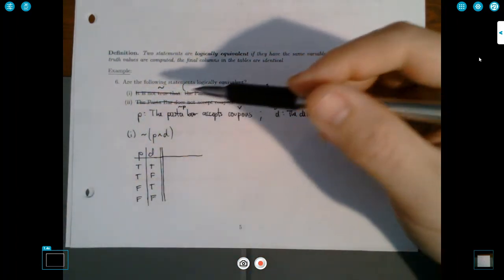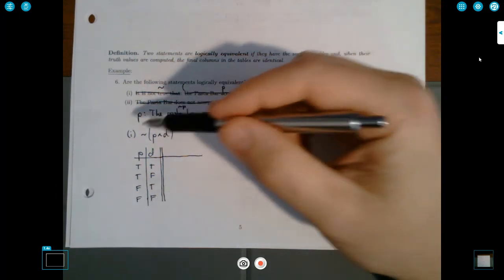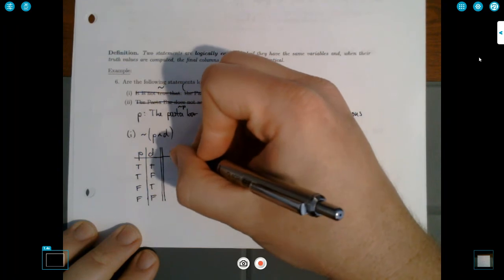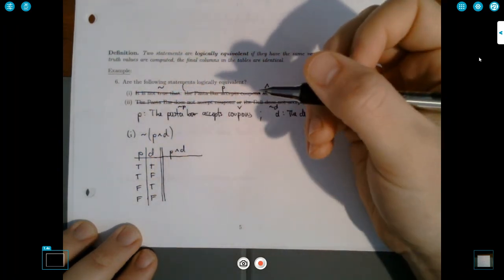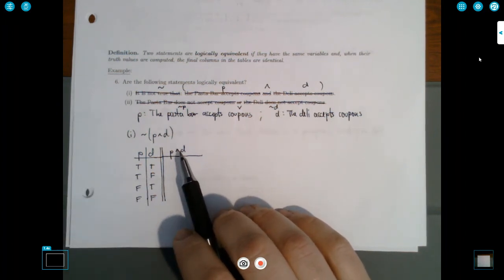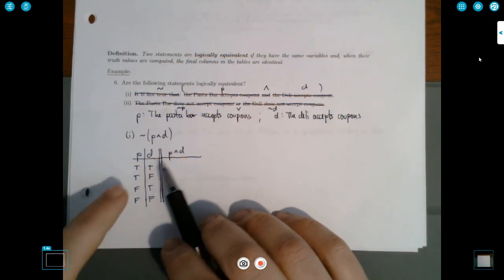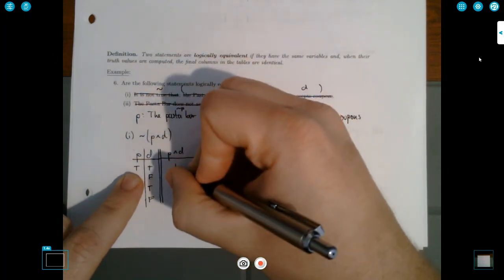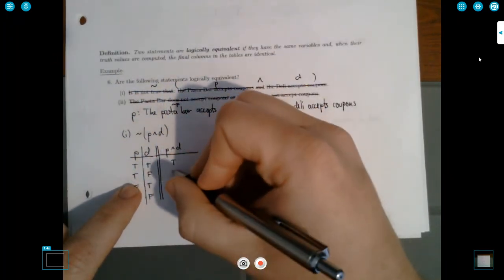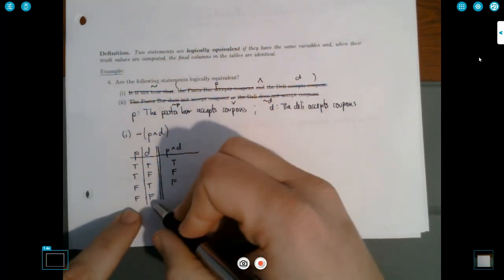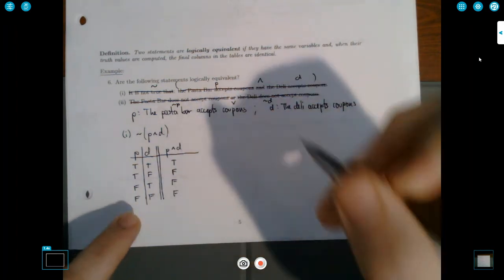Now, for not (P and D), in order to do this negation, first we need to do the conjunction. So let's do P and D. In order for P and D to be true, we need for both P and D to be true, right? We need for both variables to be true. So here on this first row, they're both true, so the conjunction is true. Here D is false, so the conjunction is false. Here P is false, so the conjunction is false. And here they're both false, so the conjunction is false.